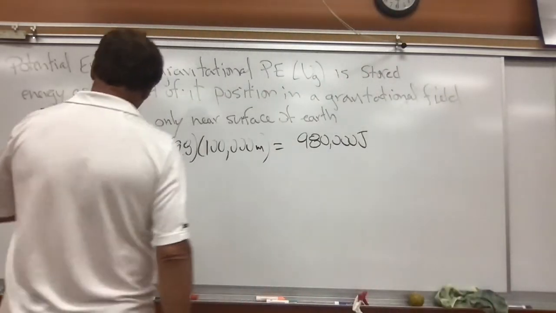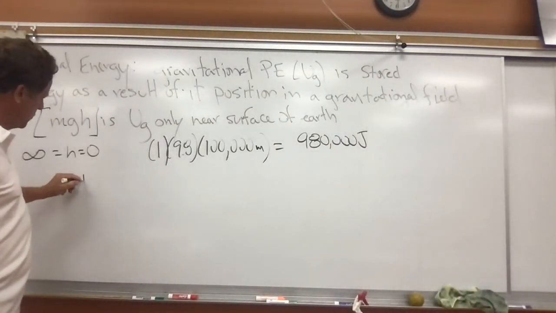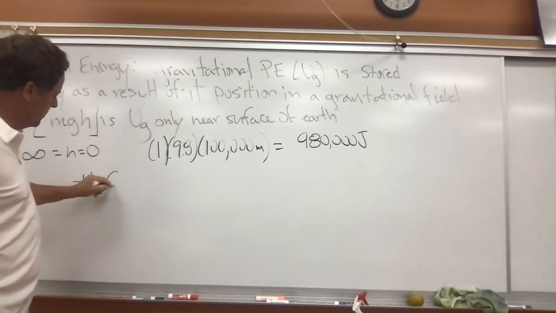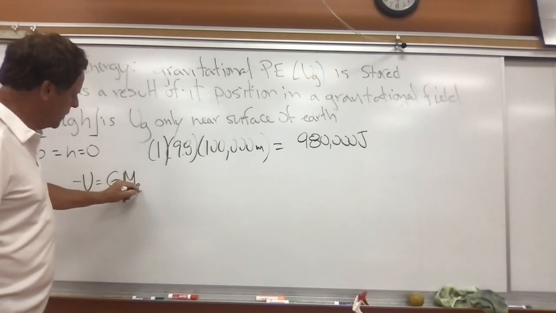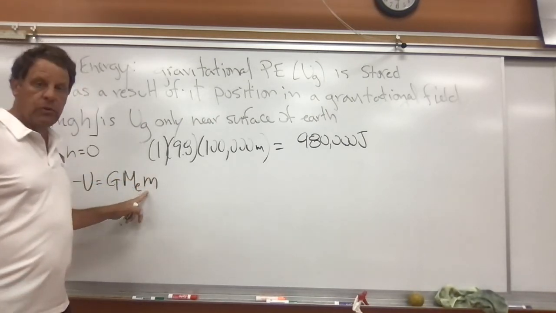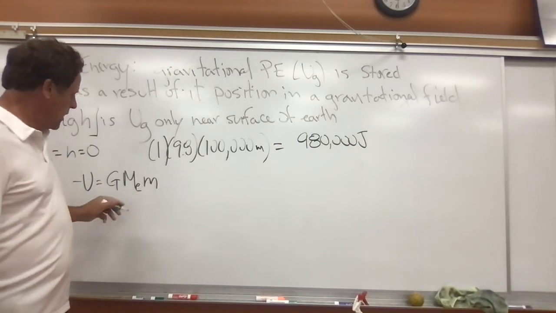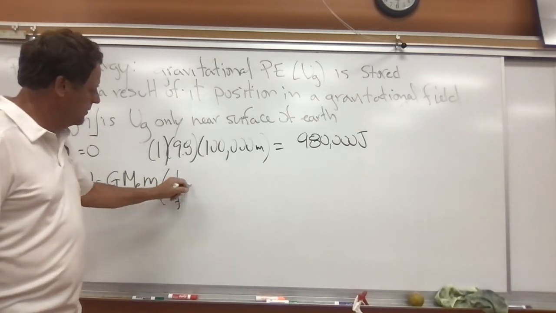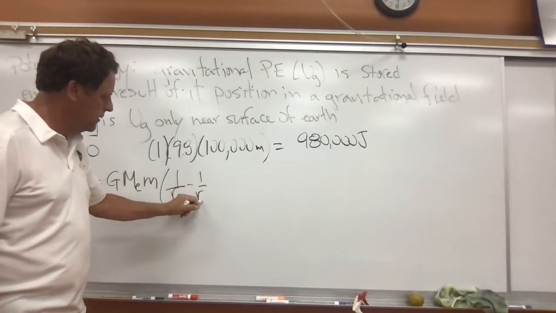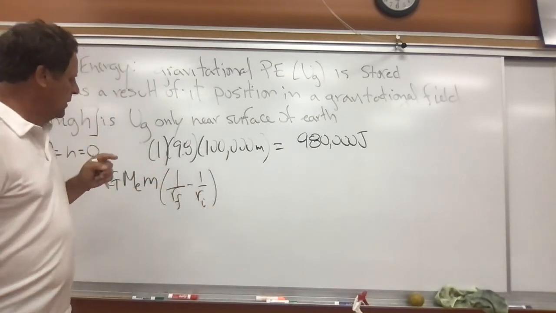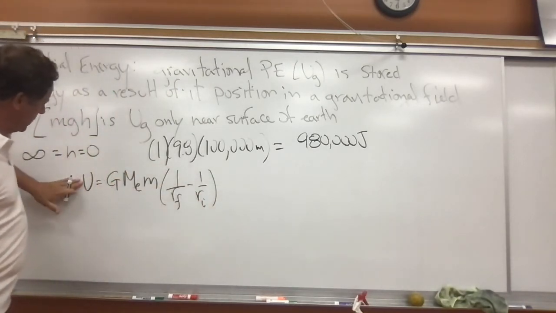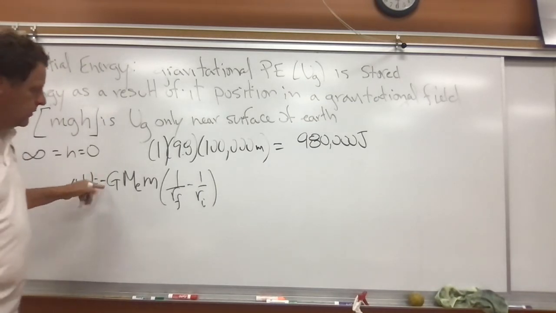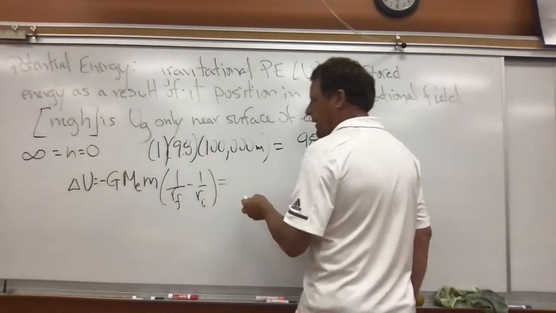Now, you guys, we're going to use this equation: the change in potential energy is going to equal big G times the mass of the Earth times the mass we're moving, which is 1, times the difference of 1 over R final minus 1 over R initial, okay? And we're going to have a negative there, right?